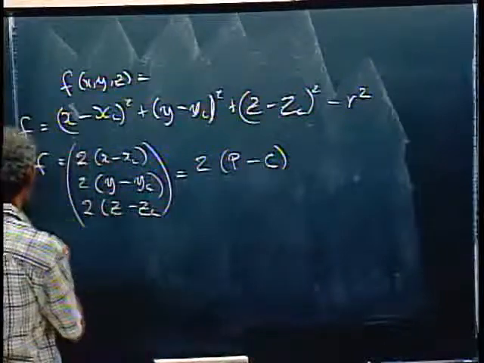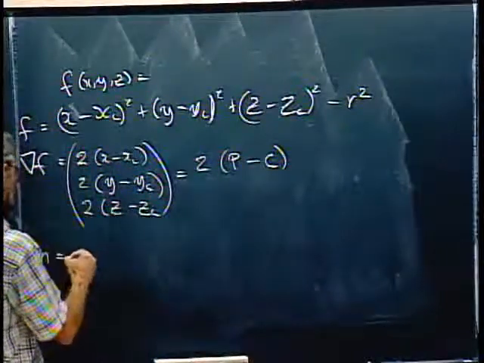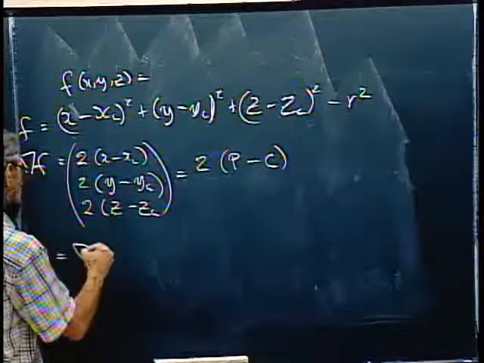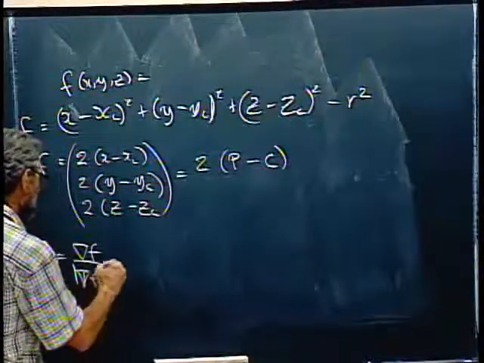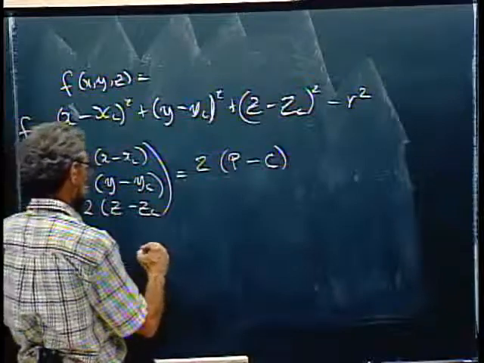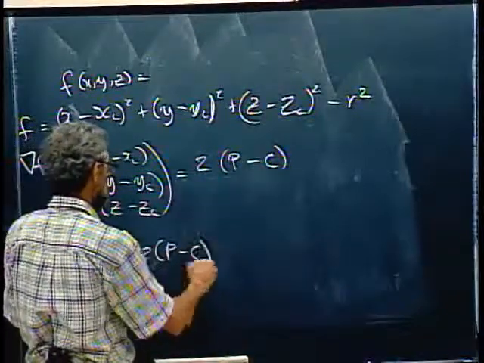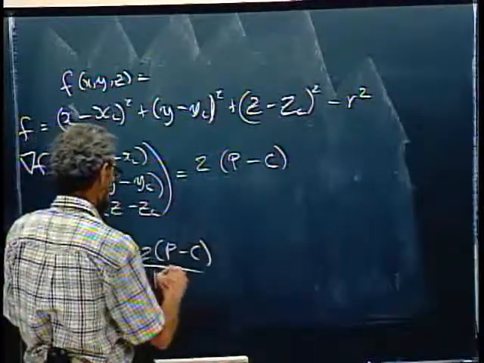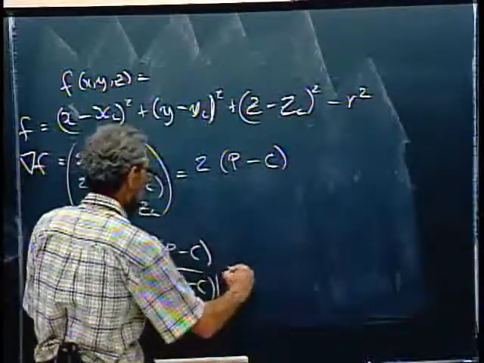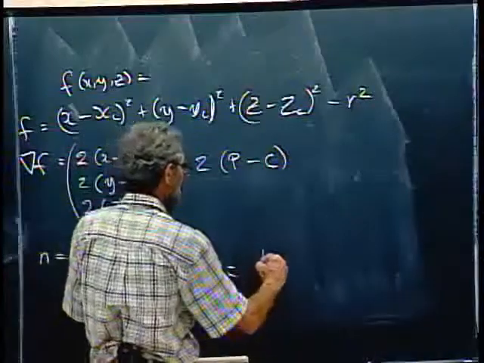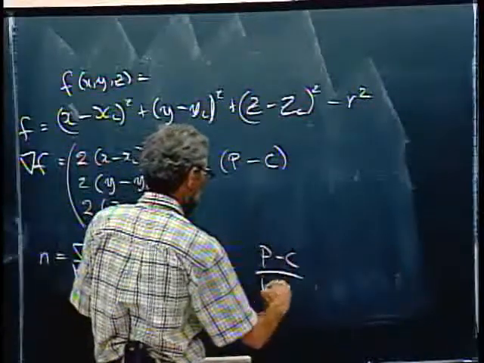And that means now if we take n equals the gradient of f divided by the absolute value of the gradient of f, that's 2(p minus c) divided by the absolute value of 2(p minus c). Canceling the 2's, that's p minus c normalized.